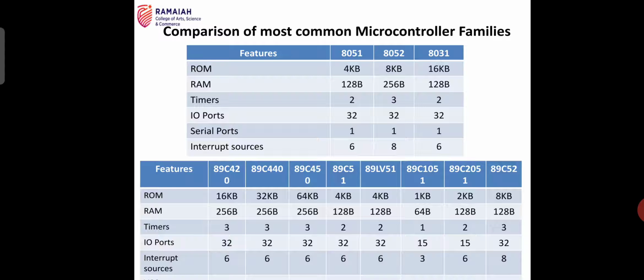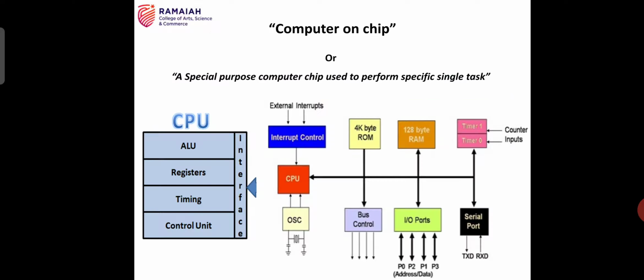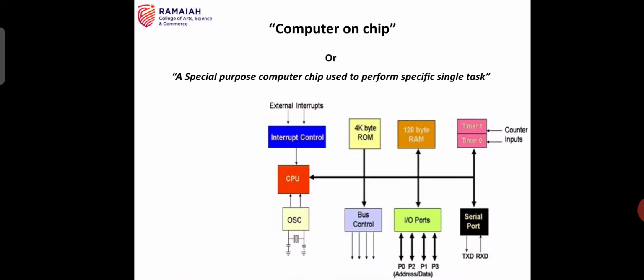Therefore it is a very fundamental requirement for a programmer to understand the features of microcontrollers, then only can he opt for suitable microcontrollers for application programming. So this is about the fundamentals of microcontroller. Once again I'll repeat this concept. We discussed a microcontroller.